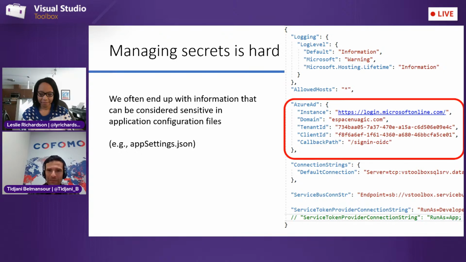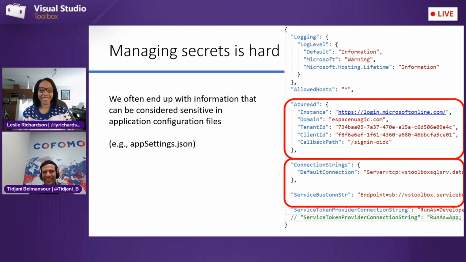And here you can see we have a tenant ID, client IDs, it can be subscription IDs, we can have connection strings, and all of this information can be considered secrets, or sensitive information that should be secured, and access to this information should be restricted and controlled. What you see here for the tenant ID and the client ID are just random GUIDs. So don't go trying those.